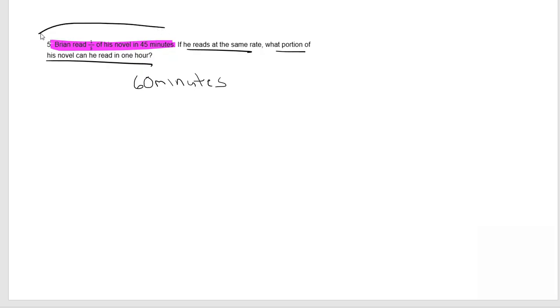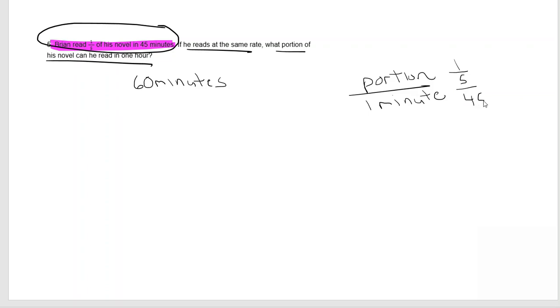So if we take this rate, we can use it to help us find the unit rate of portion of the novel in 1 minute. And then we can times that by 60 to figure out what portion he can read in an hour. So he can read 1/5 of his novel in 45 minutes.